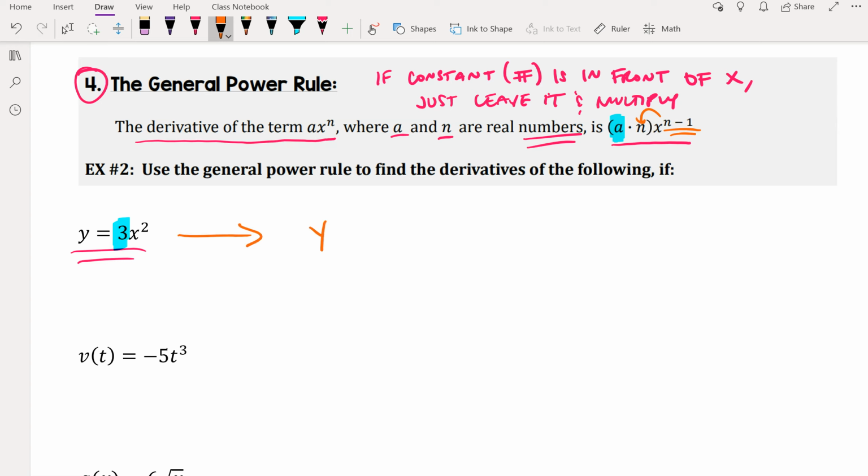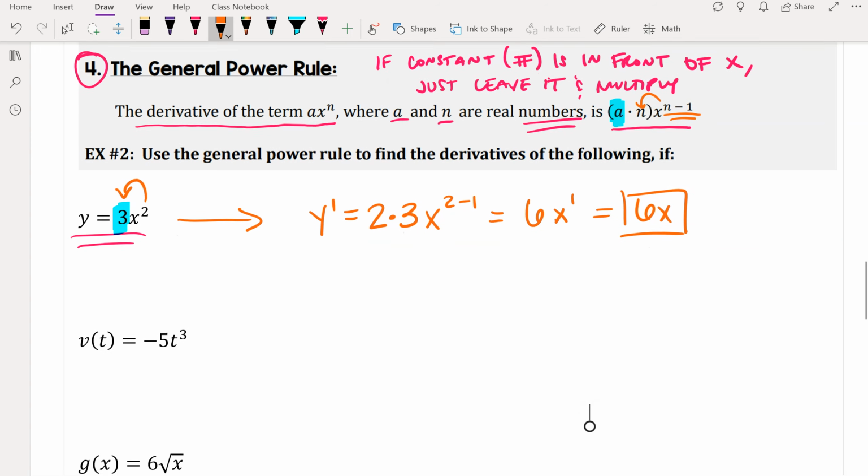So y prime equals, bring the 2 out in front, but multiply it by the 3. I'm going to write this one all the way out so that y'all can see what I'm doing. It's going to be 2 times 3. And then we need our x to the n minus 1, 2 minus 1, equals 6x to the 1, which just equals 6x, right? That's our derivative of 3x squared.